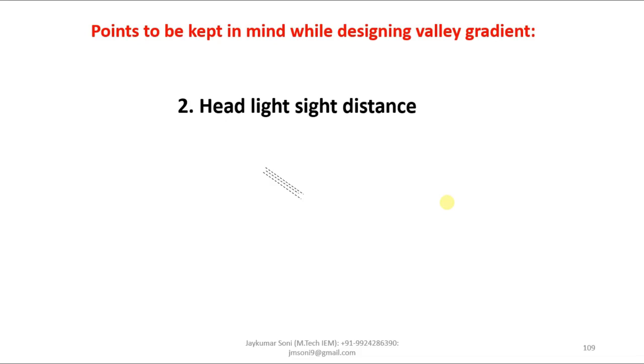Now let us understand this concept. Let us understand with this example: a vehicle travels from here and goes in this direction. While running through this type of road, the driver will be able to see only that part of the road which will be visible through the headlights provided.